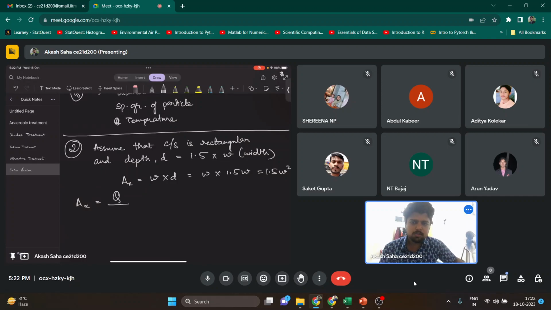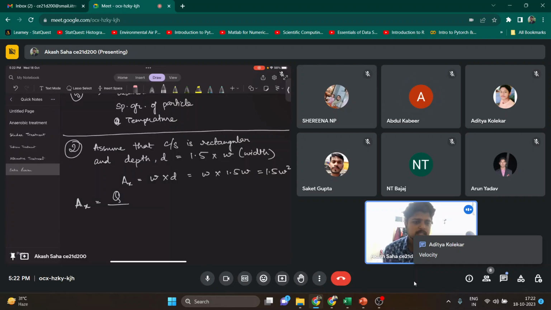Flow by what will give me the cross sectional area? Can someone tell me? That is surface area, Q by surface area. No. This is my cross sectional area. So flow by the velocity.